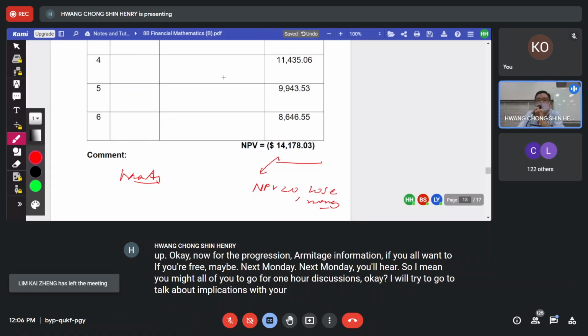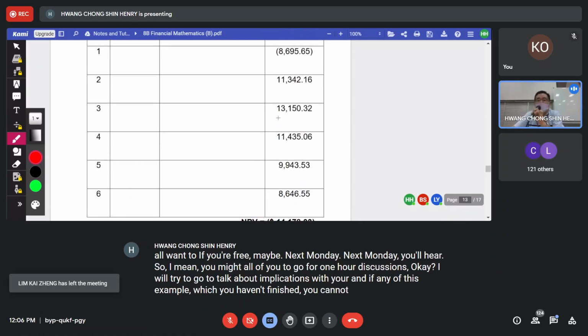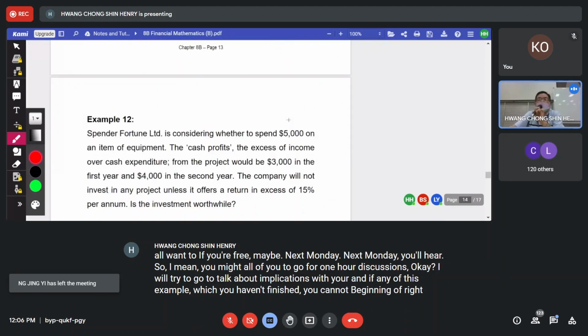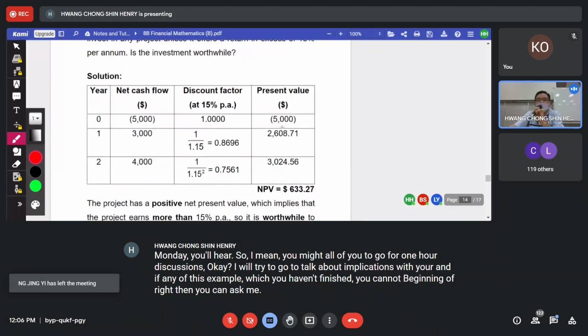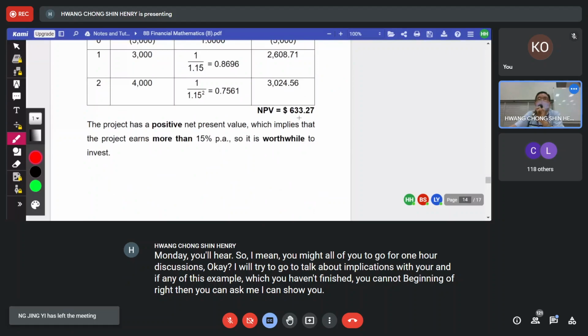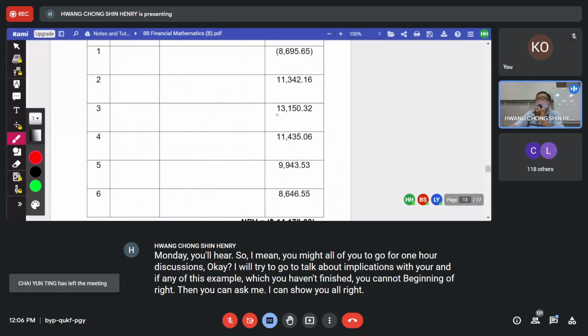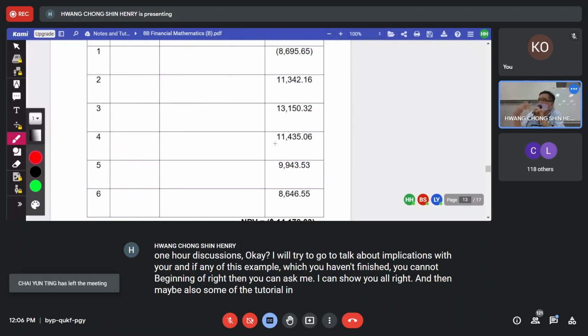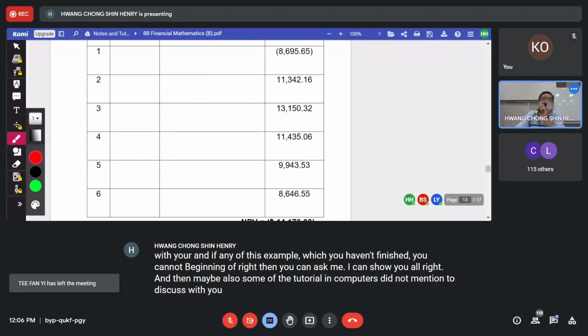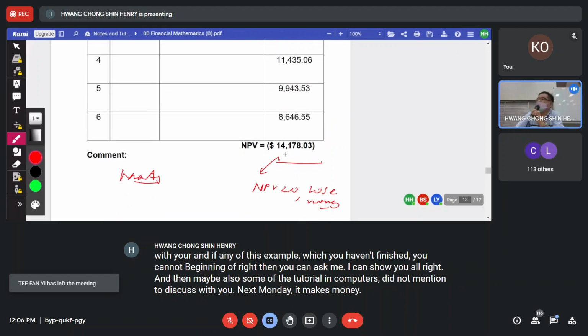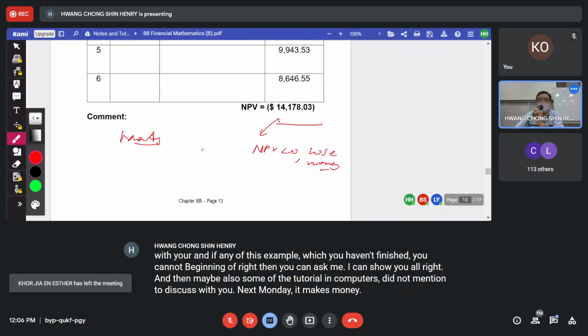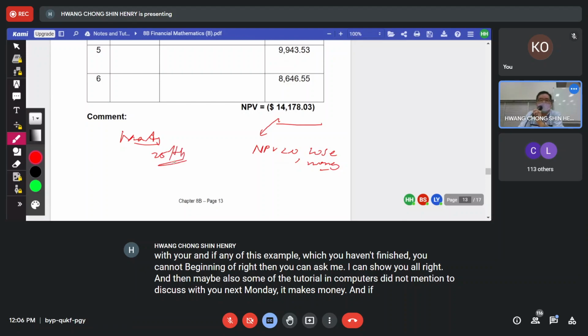Then, if any of these example which you haven't finished or you cannot figure it out, then you can ask me. I can show you how to do it. All right, for all these NPV. And then maybe also some of the tutorial if your tutors did not manage to discuss with you, I can show you next Monday. Okay, next Monday is about 25th. Okay, next Monday I invite all of you to me. If you want to join, you can join.